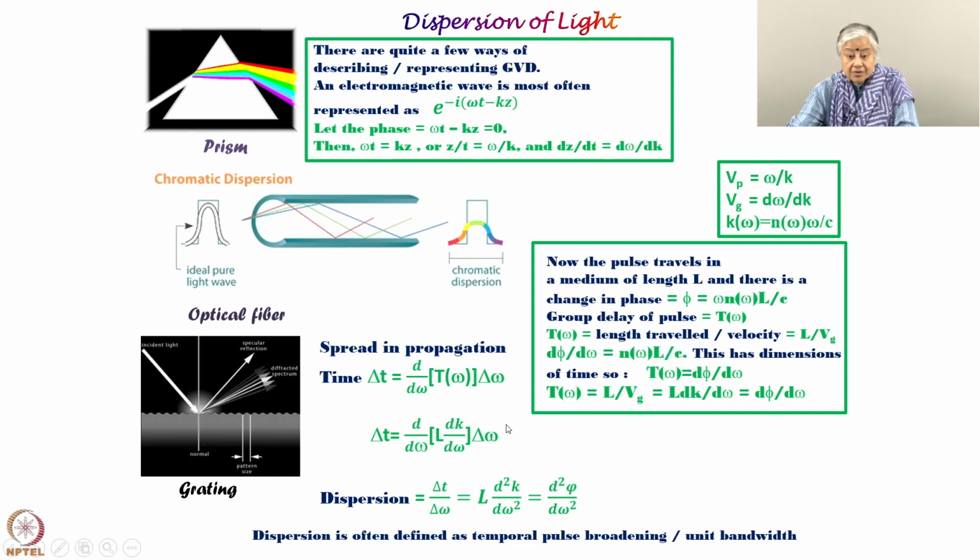And refractive index of course is a dimensionless quantity. So, d phi by d omega is equal to n(omega) L by c. Then T(omega) also has the dimension of time. So, the group delay T(omega) is equal to d phi by d omega.